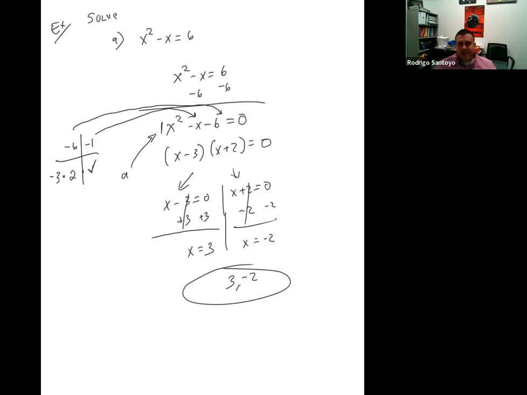Right, like the AC method, you do A times C. 1 times -6 is -6. But you just do B and C. Correct, because this is a trinomial and A equals 1, which is not going to be the case for the next example. But when it's a trinomial and A equals 1, it's nice and easy, just like this one. Very good. Other questions?